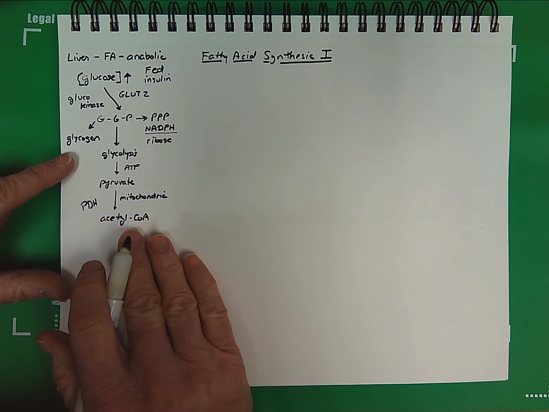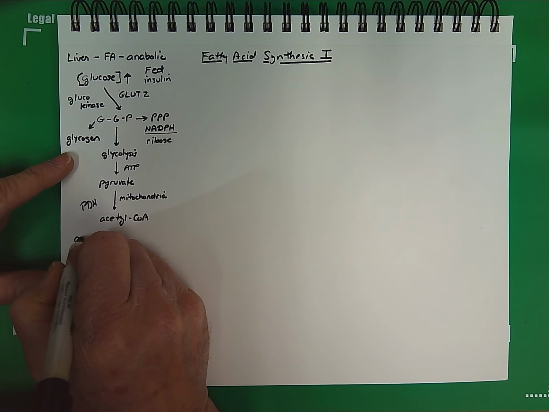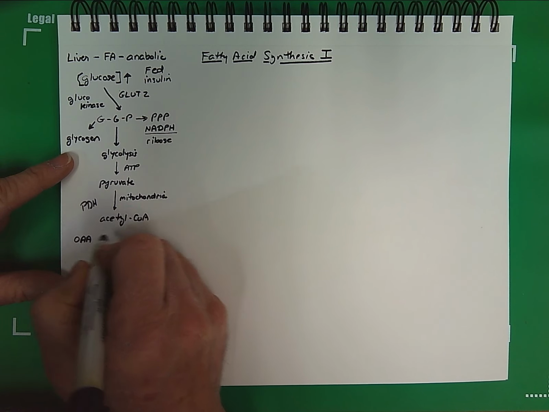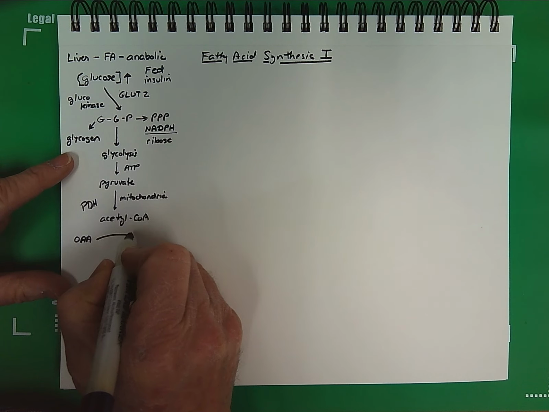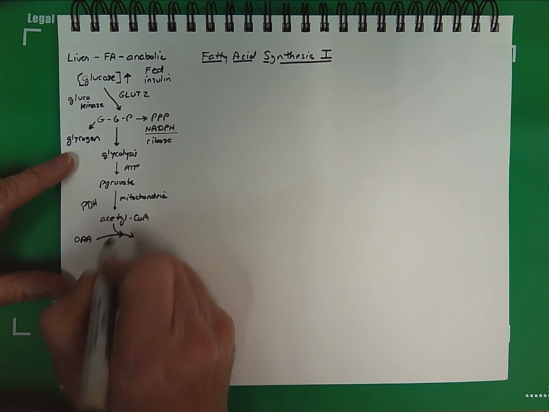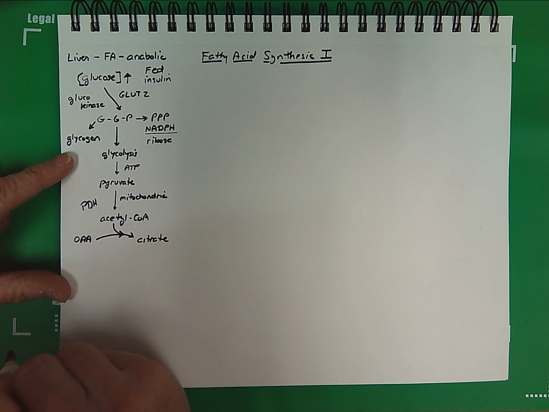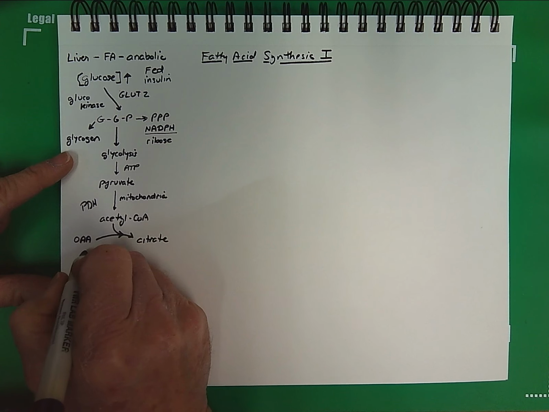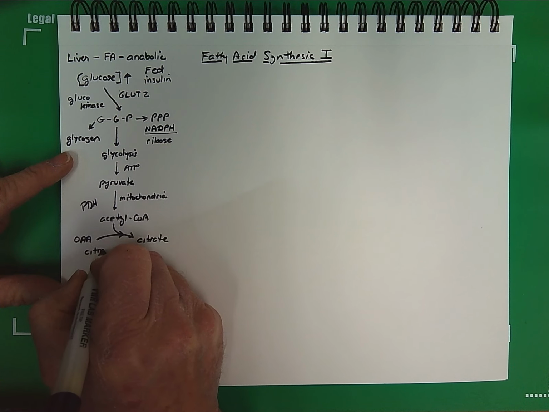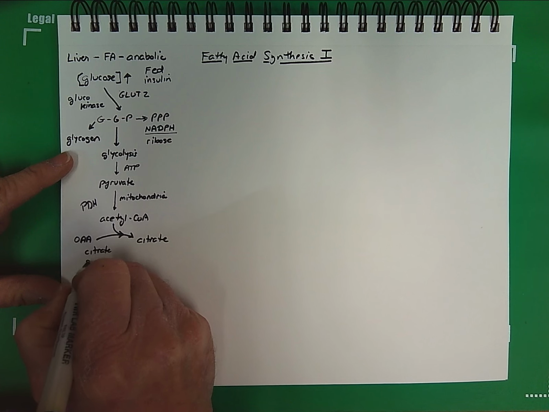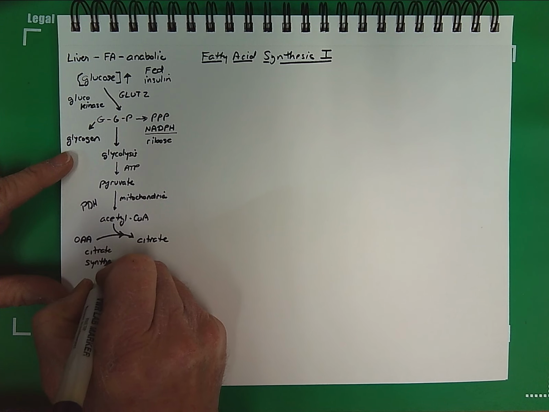Now, once the acetyl-CoA is formed, we will take oxaloacetate and perform our condensation reaction in order to form citrate. This reaction is, of course, catalyzed by the enzyme citrate synthase.